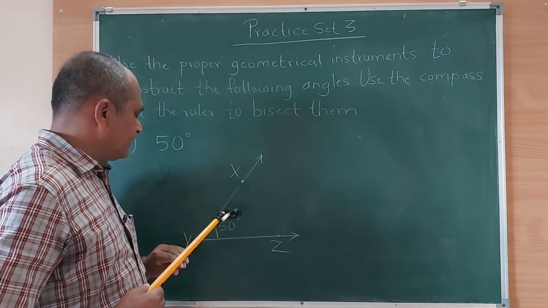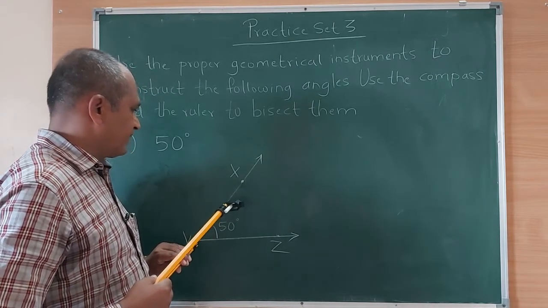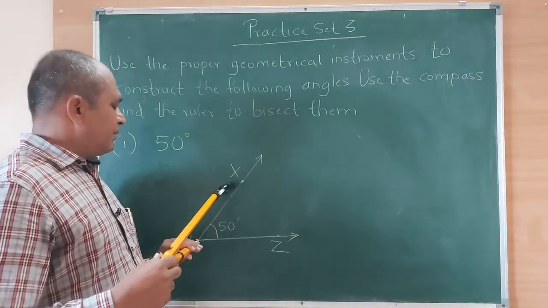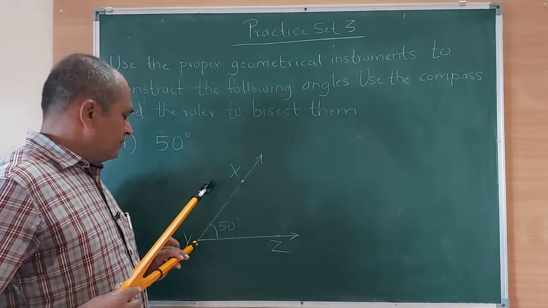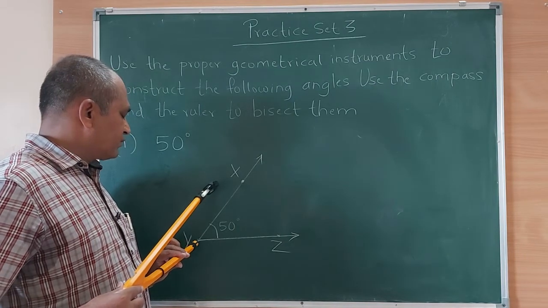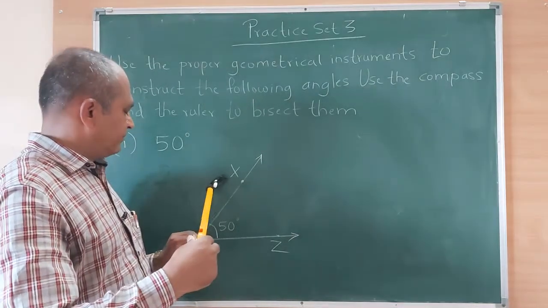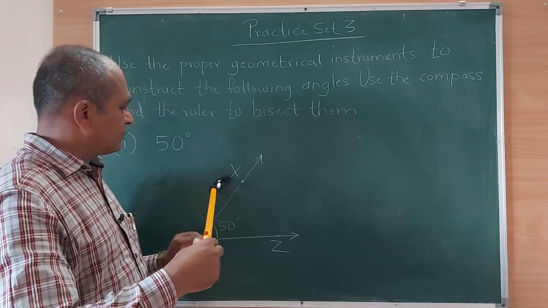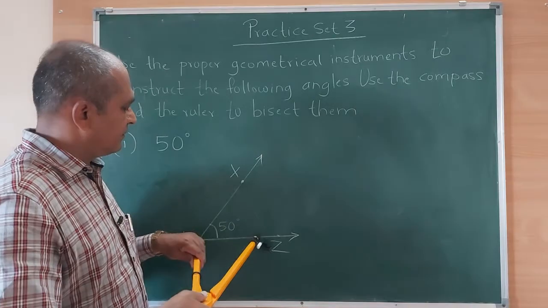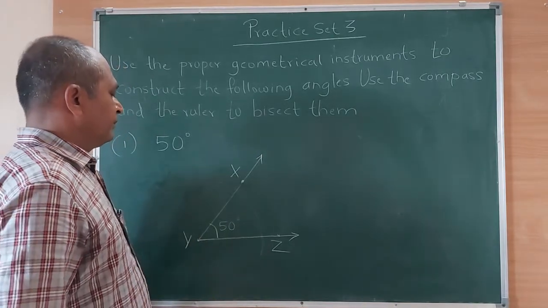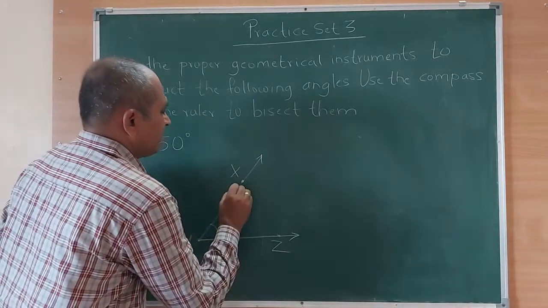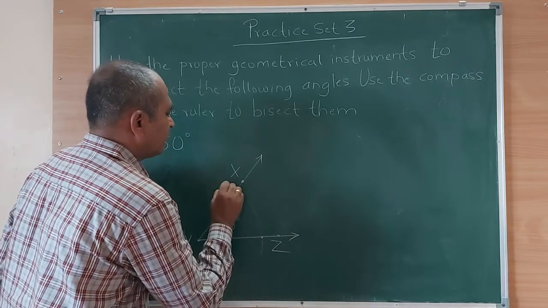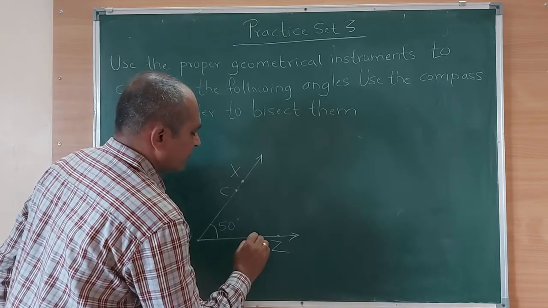Here XYZ is the angle, so the vertex is Y. By putting the point of the compass at vertex Y, I will cut these 2 arms of the angle. I'll name them as point C and point D.